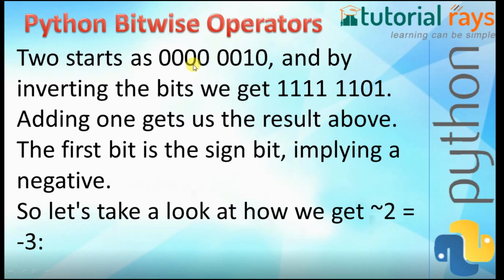Okay, because in the tilde operator we get the inverse number. Now adding 1 gets us the result above. The first bit is the sign bit implying a negative.